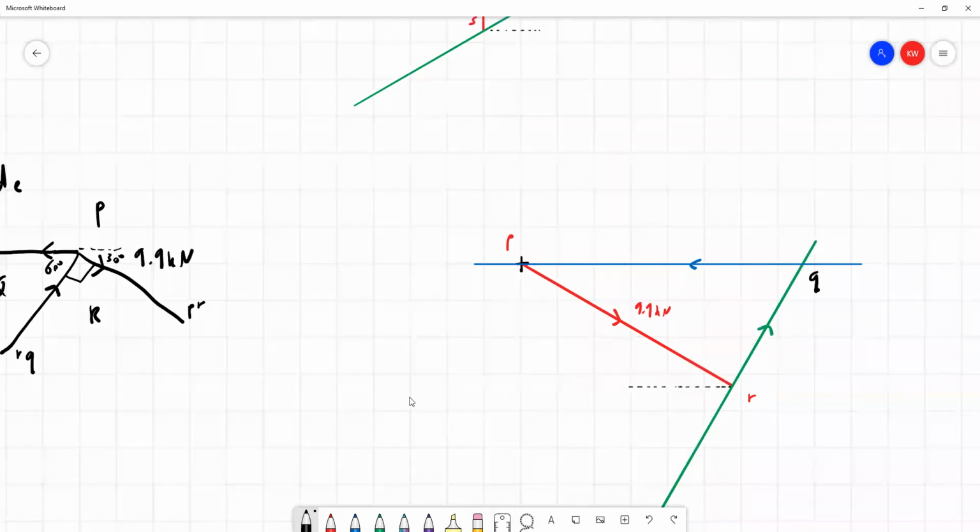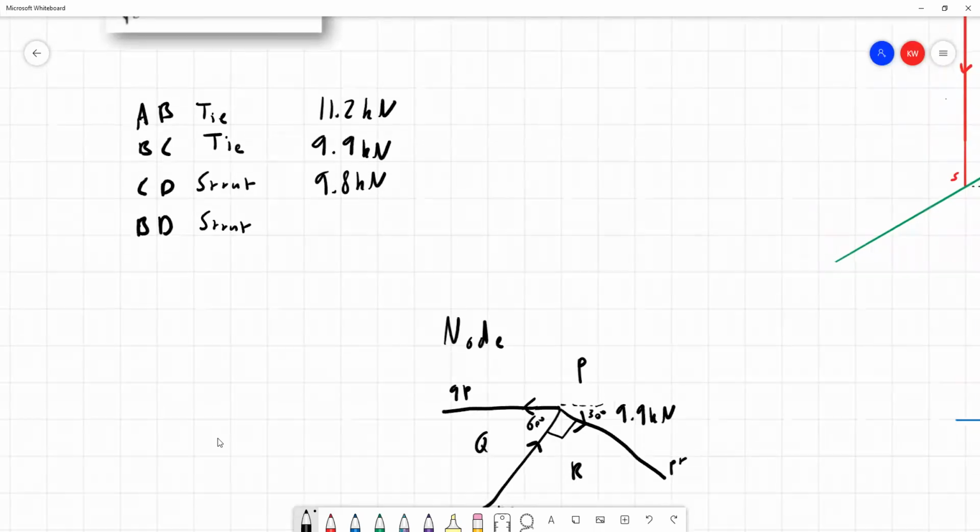And again, a pretty good comparison because the answer here is 5.7 kilonewtons. So if you've drawn a 1 centimeter to 1 kilonewton scale, you should be measuring 5.7 centimeters off your ruler, which you convert back into kilonewtons.